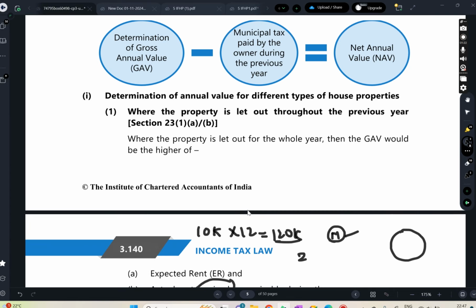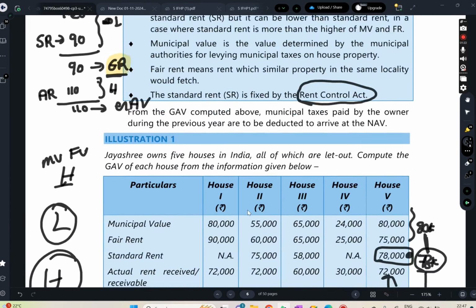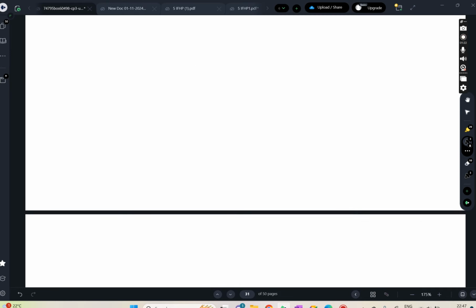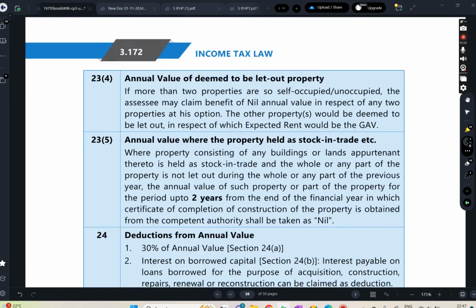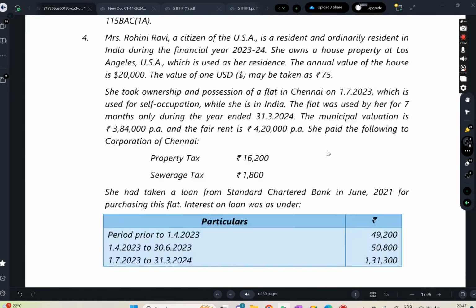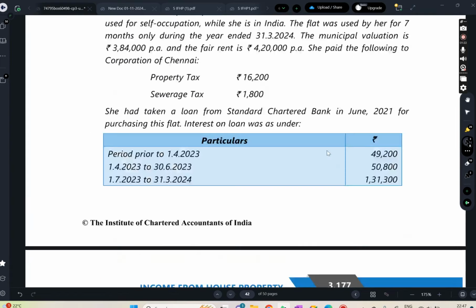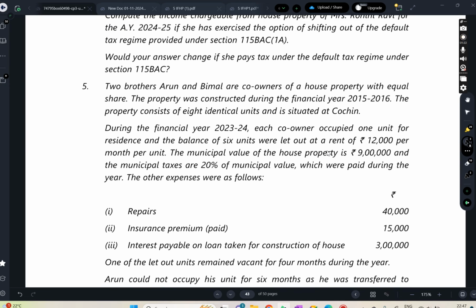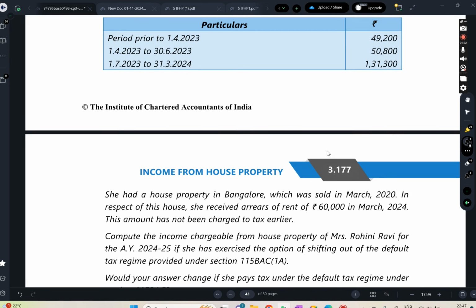Remaining everything, the entire IFHP, we covered. So I want you to do all the problems. See here how many problems you have to solve. In this PDF you have around 5 questions, and in your ICSI book you have 24 questions.